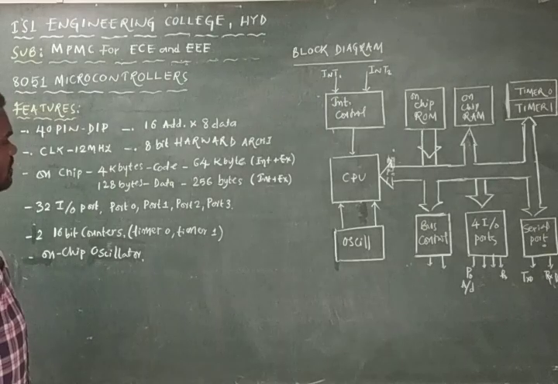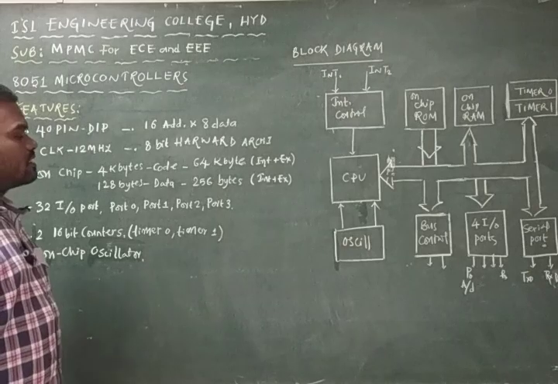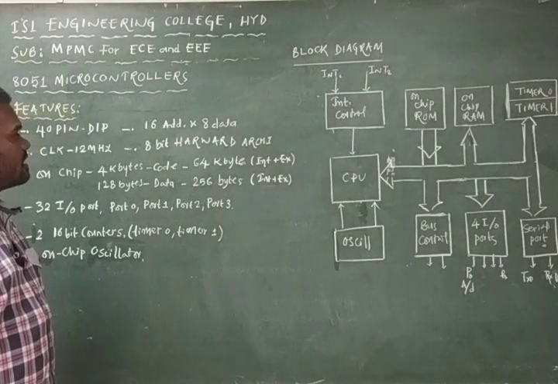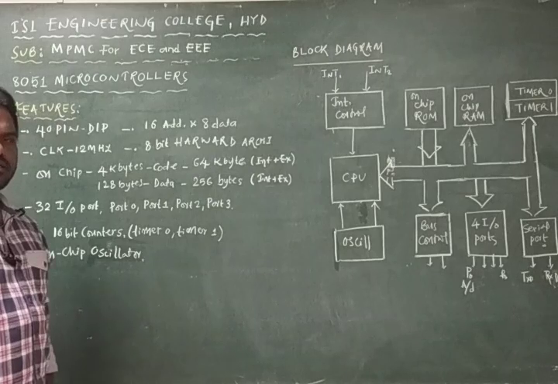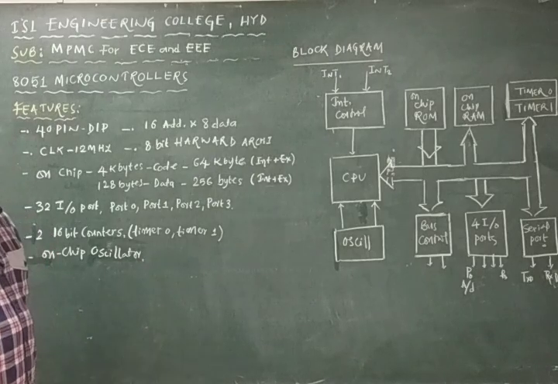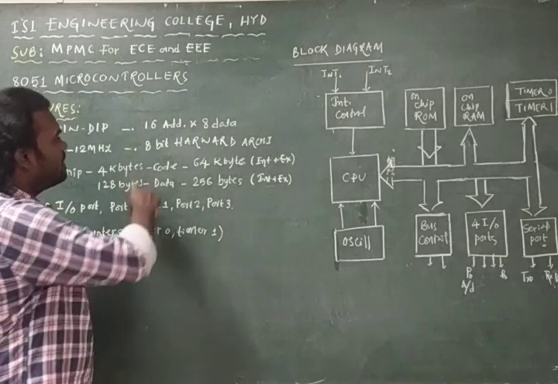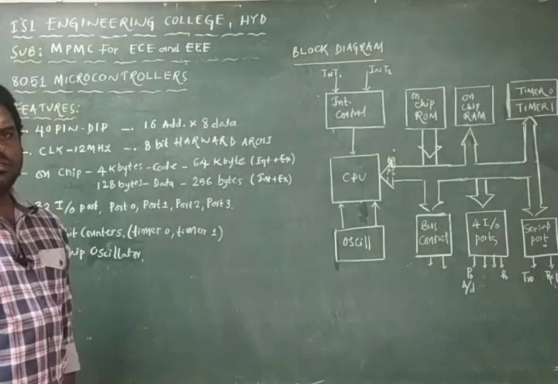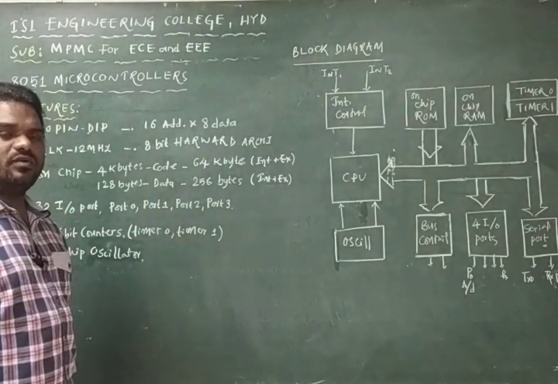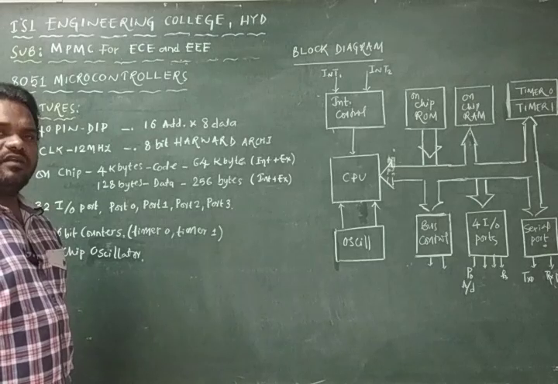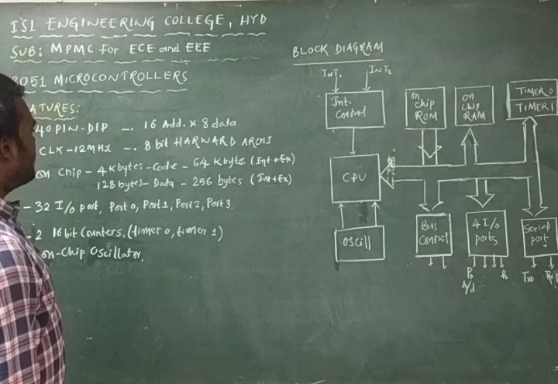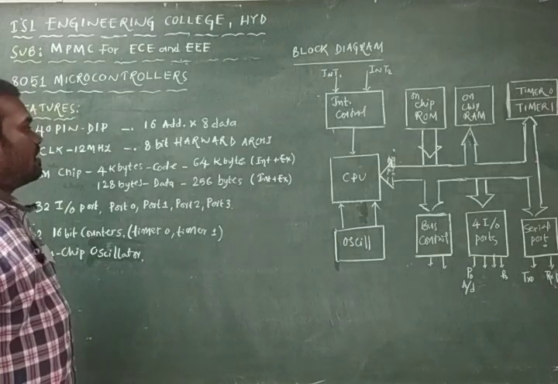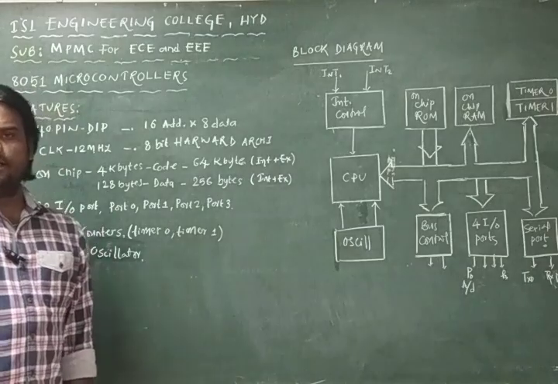Coming to the next one, the architecture that 8051 has is called Harvard architecture. Internally it has Harvard architecture, and it is an 8-bit architecture only, because the 8051 is designed to operate on 8 bits of data, so the processor or ALU is named 8-bit Harvard architecture.